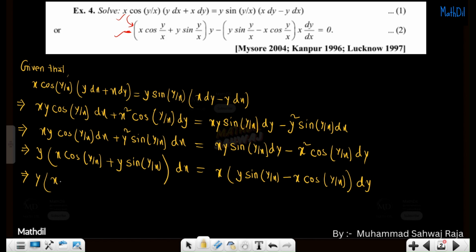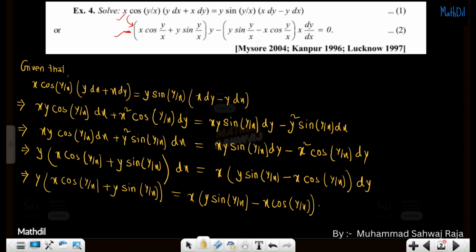We get y into (x cos(y/x) plus y sin(y/x)), sorry, we are taking dx as common, equal to x into (y sin(y/x) minus x cos(y/x)), and here dy is common. Since we are taking dx to this side, it will be dy by dx, in the denominator.